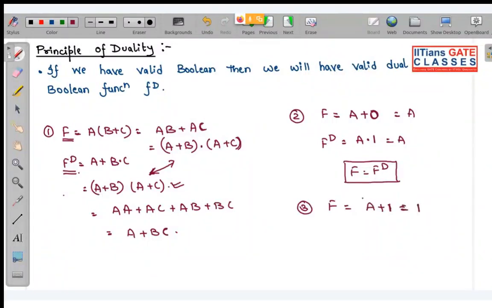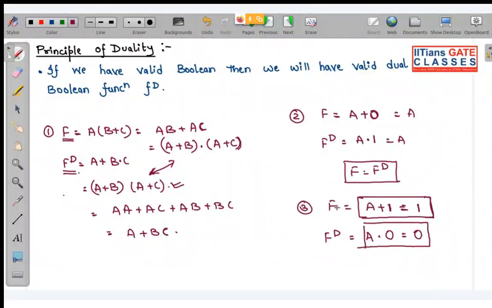This whole expression is F. Now what will be F dual? Plus will be replaced with a dot and 1 will be replaced with a 0, and over here this one is also going to be replaced with 0. So here you can see in this expression LHS equals RHS, and over here also LHS equals RHS.